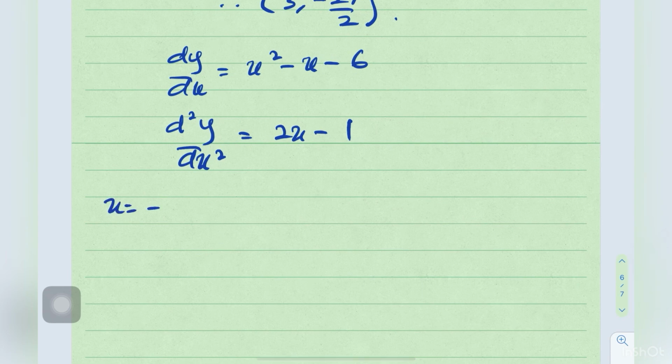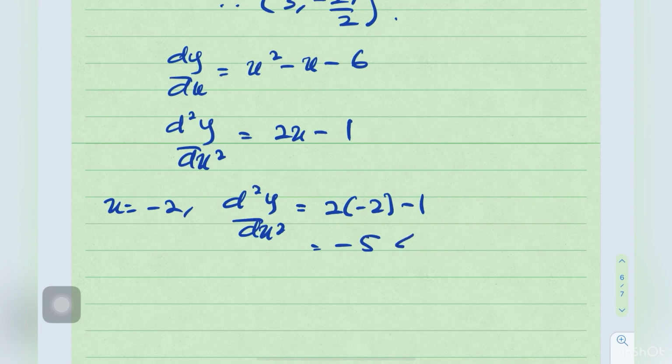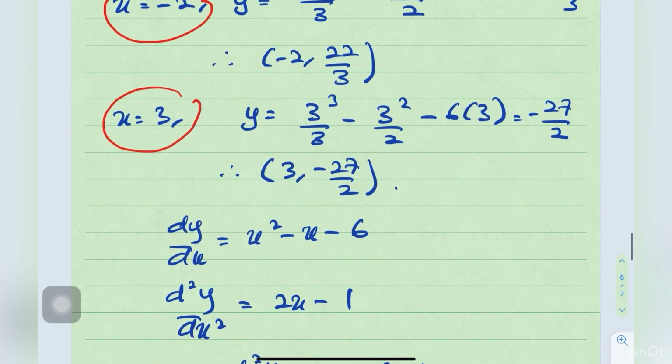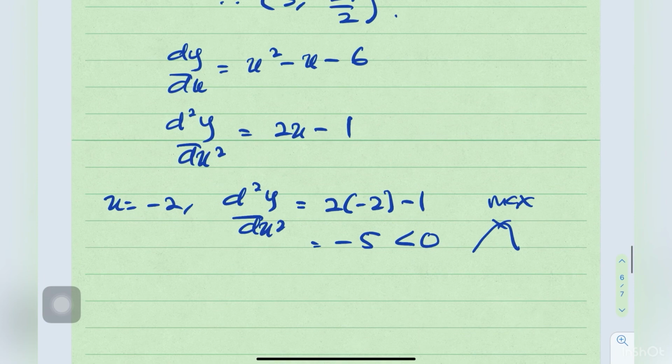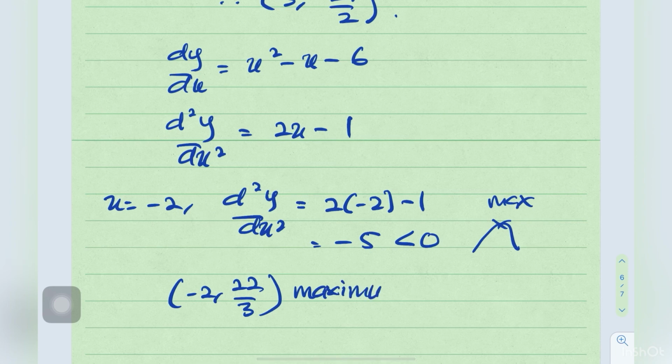When x equals negative 2, d²y/dx² equals 2 times negative 2 minus 1, which is negative 5, less than 0, so it is a maximum. Therefore (negative 2, 22/3) is a maximum point.